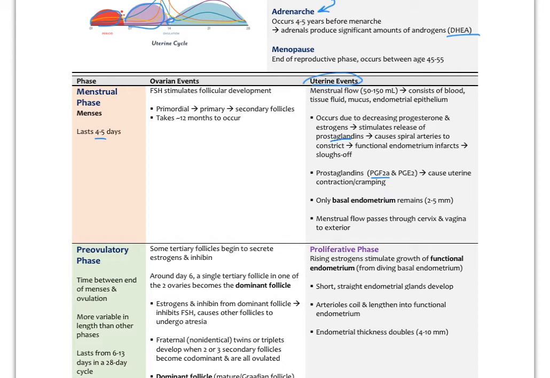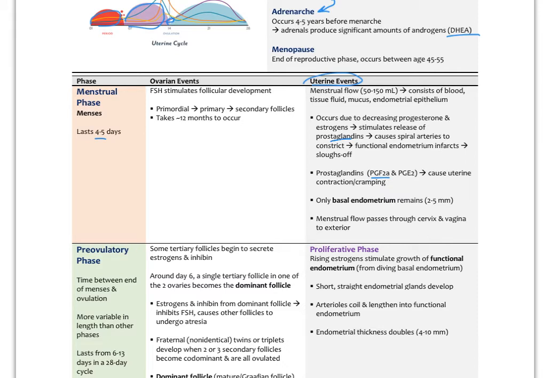If you look at what's in that flow, the average is about 50 to 150 milliliters, and it consists of blood, tissue, and mucus, but a lot of it is endometrial epithelium. A lot of times when there are large clots, that's often endometrial tissue that's been sloughed off.